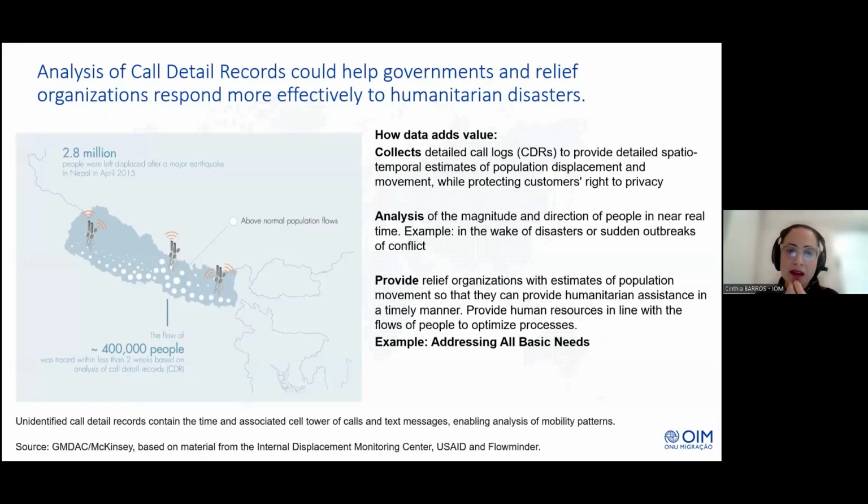So CDR collects detailed call logs to provide detailed spatial and temporal estimations of population, displacement, and movement, while protecting customers' privacy, because you don't have names or personal information. But it's a good methodology to understand massive displacements.